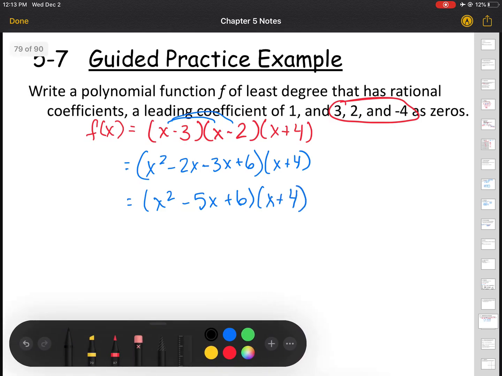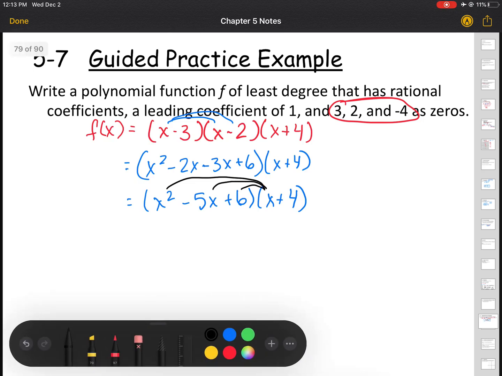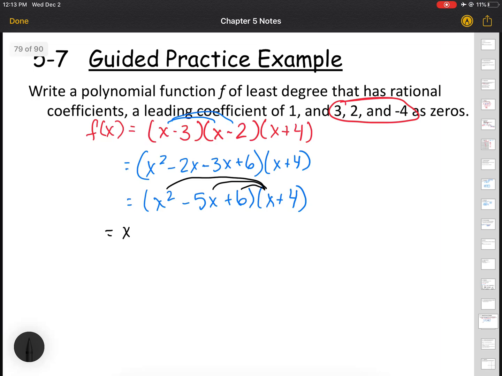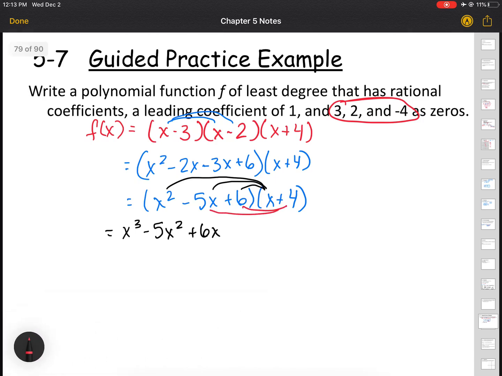And now we can distribute that x to everything. So we're going to get x to the third power minus 5x squared plus 6x. And then the 4 to everything would be 4x squared minus 20x plus 24.